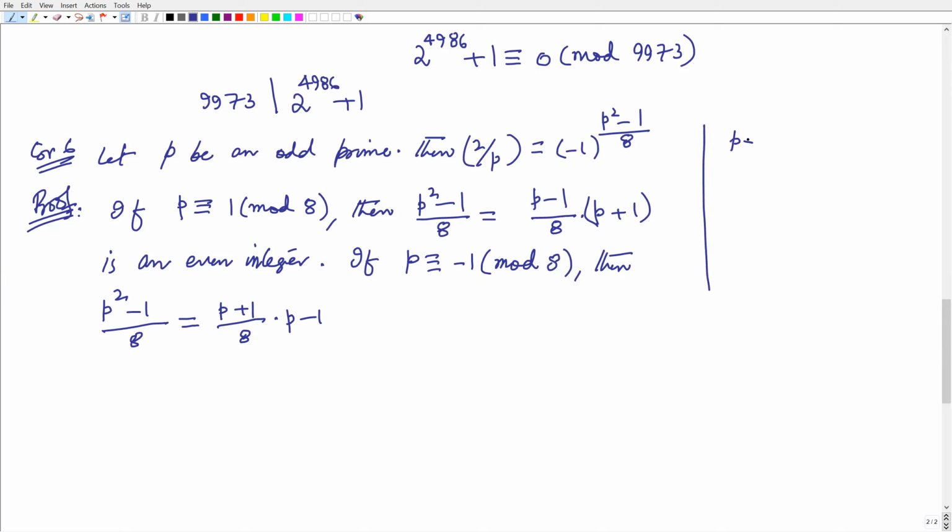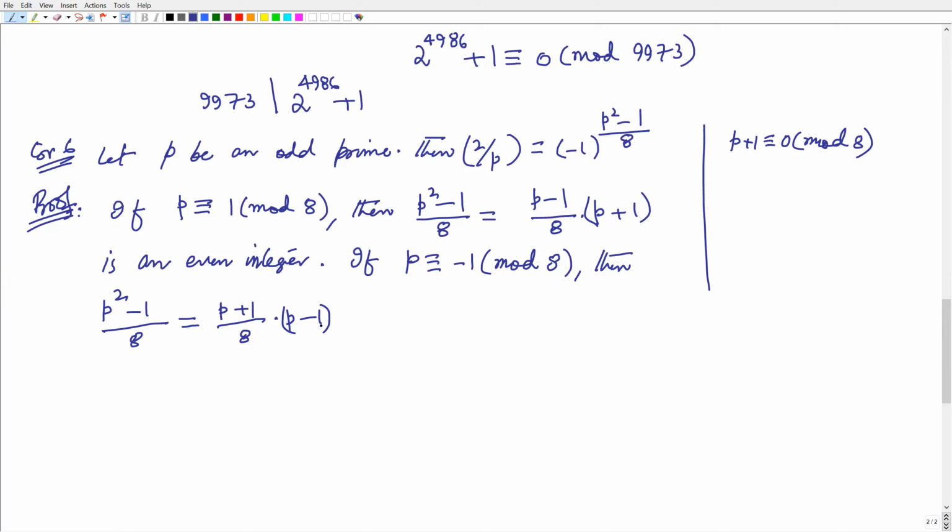it means p plus 1 is congruent to 0 modulo 8. So p plus 1 is divisible by 8. So (p plus 1) by 8 is an integer. So p minus 1 is also an integer. Okay, so p minus 1 is an even integer because p is odd.